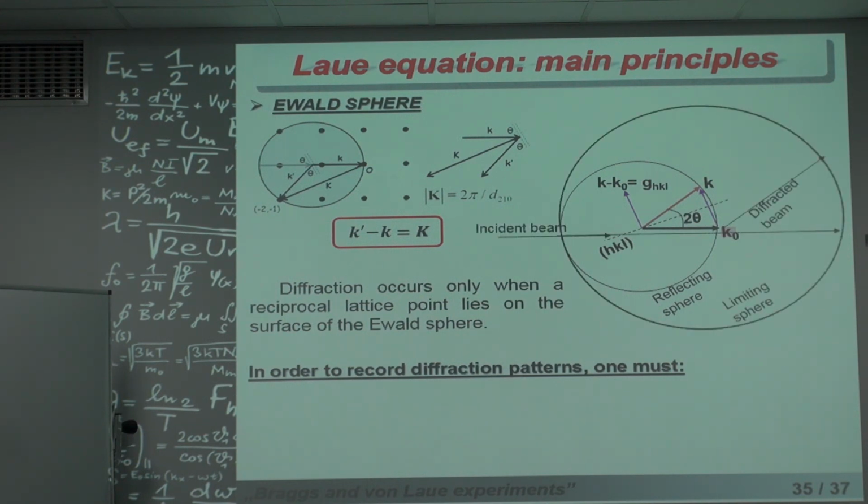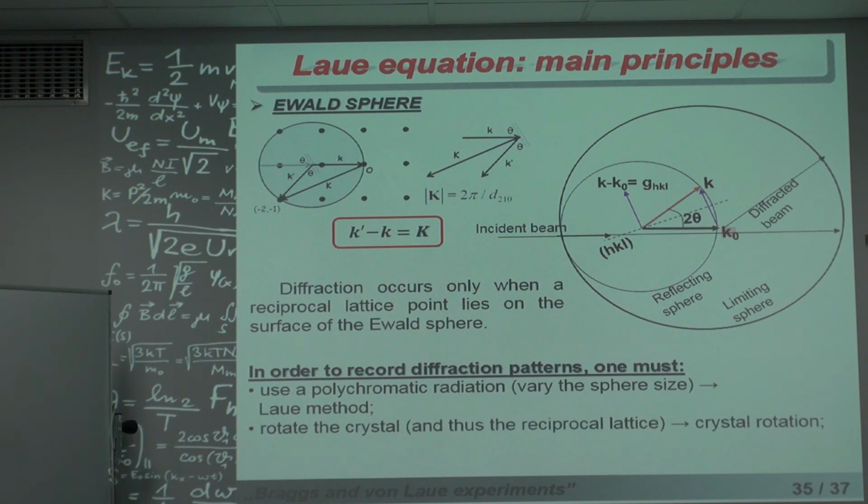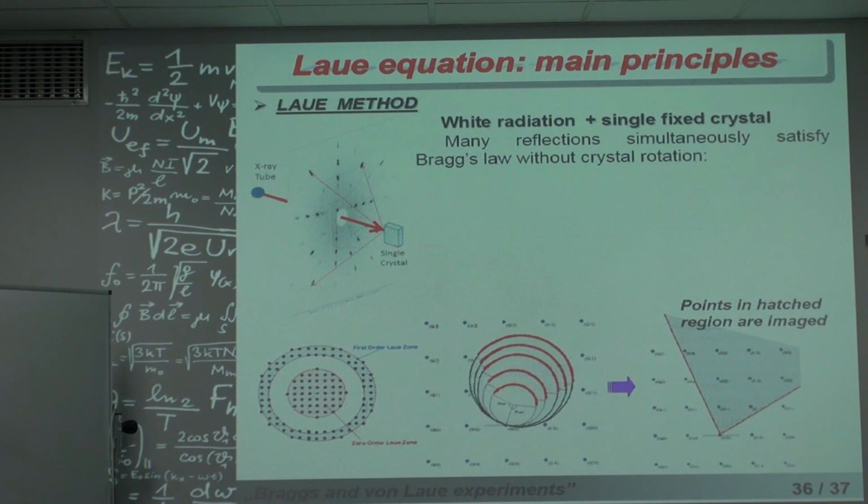And we have the limiting sphere. In order to record diffraction patterns, one must use polychromatic radiation, so vary the sphere size to get the pattern. That is the Laue method. Or rotate the crystal, which is the Bragg method. Or use a powder sample, which will give us diffraction at all angles.